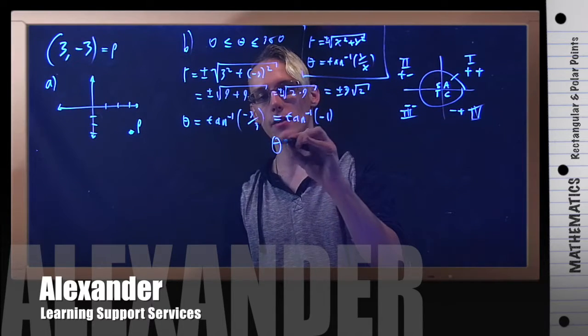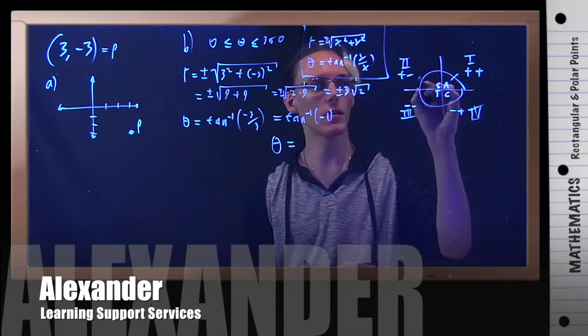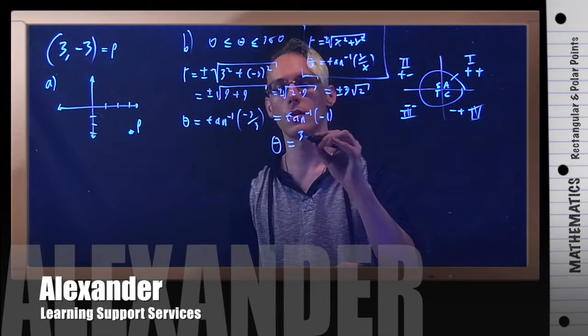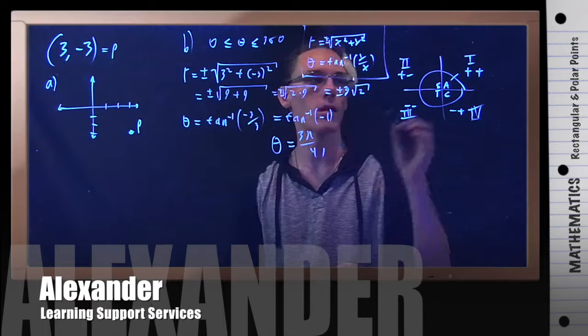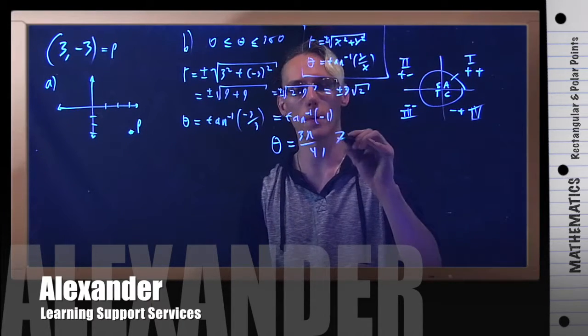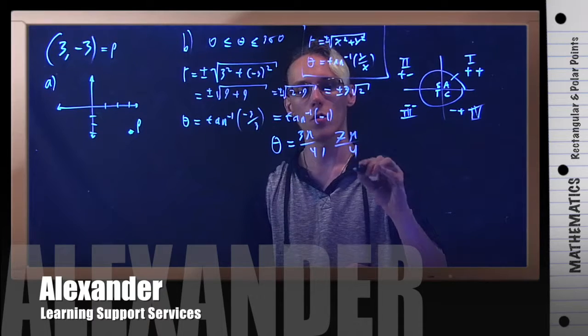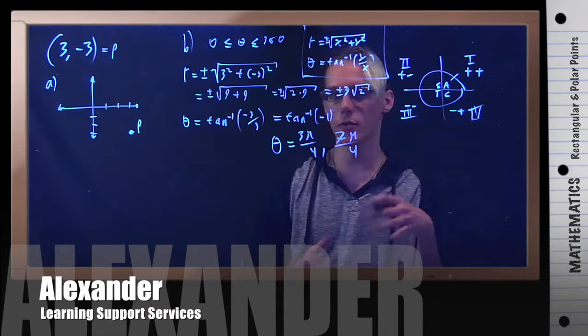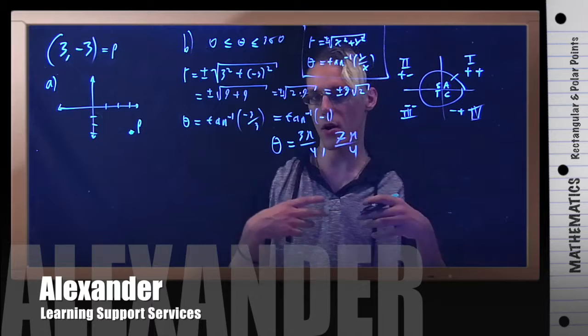So theta is going to be equal to 3 pi over 4 and 7 pi over 4. Cool. But now, which one's which, and which one goes with the plus or the minus r, and how do I know?